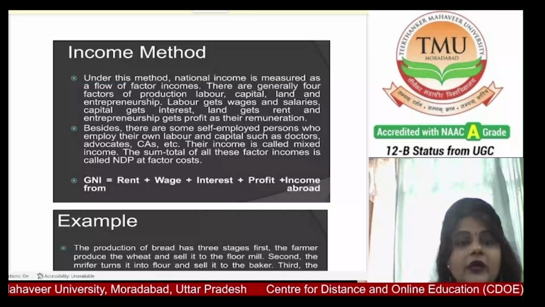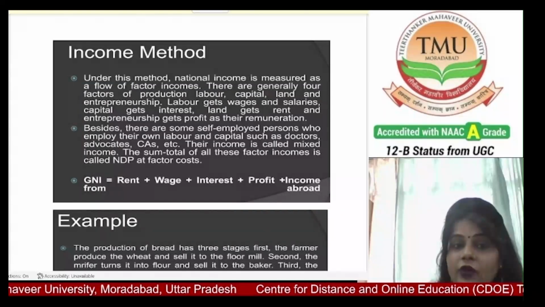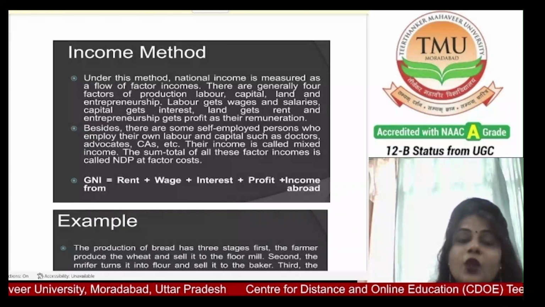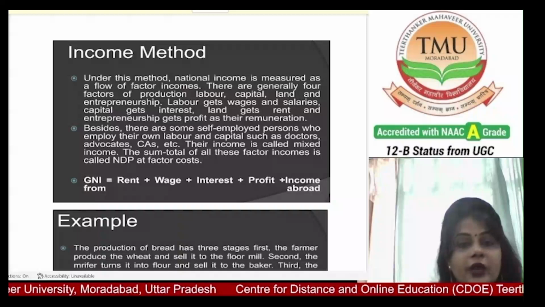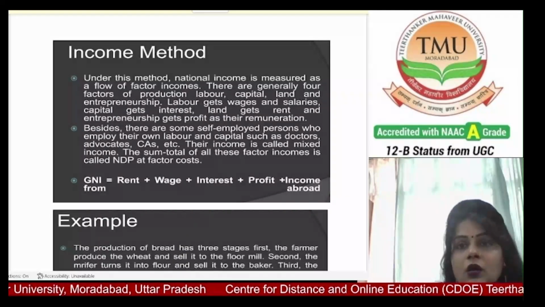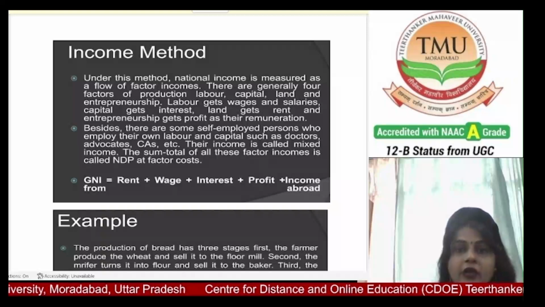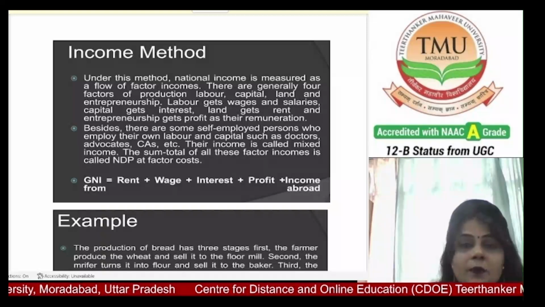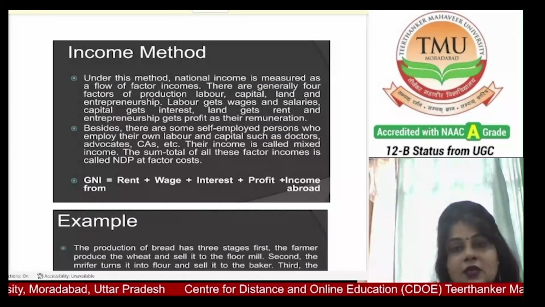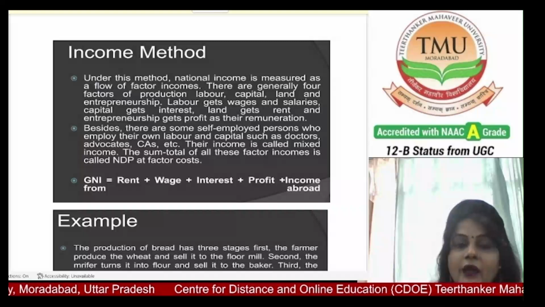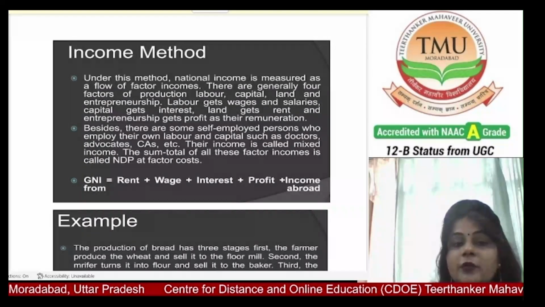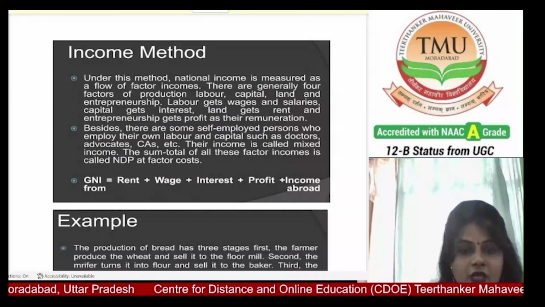In other words, under the income method, all incomes of the factors of production through rent, wages, profits, interest, etc., are added up together for the determination of national income.